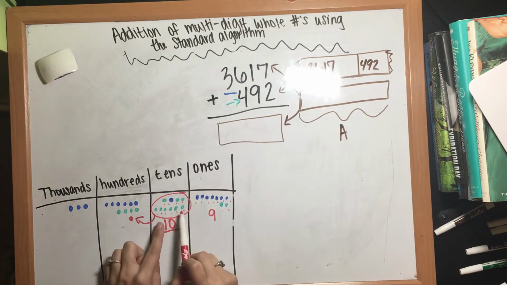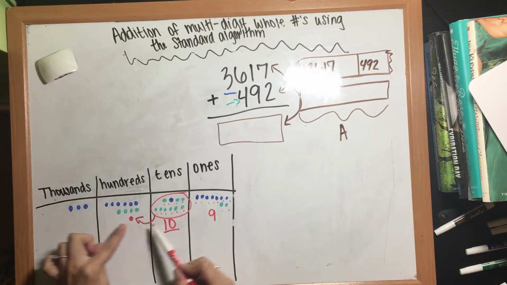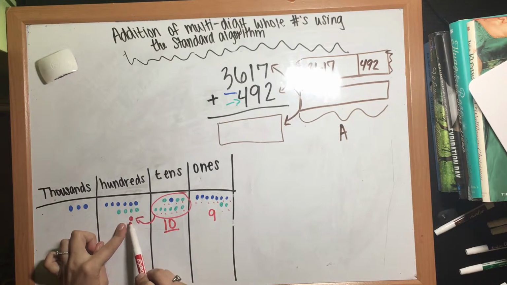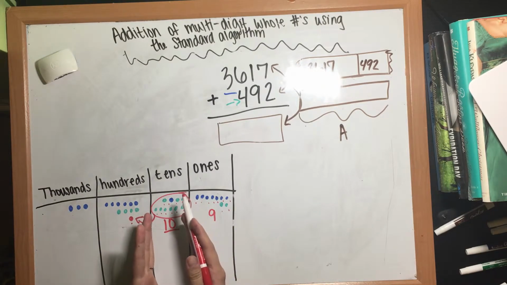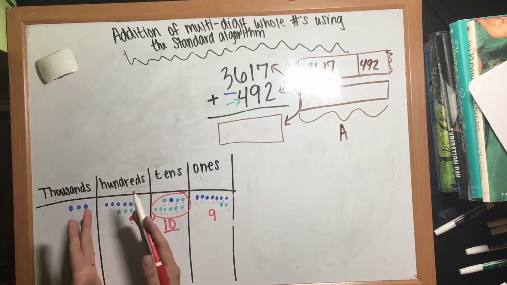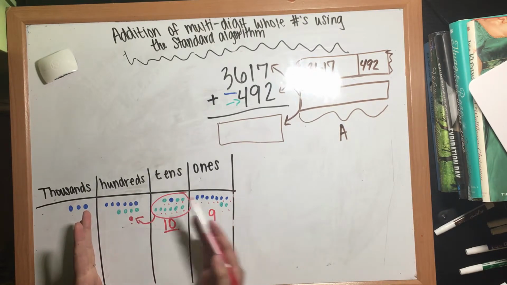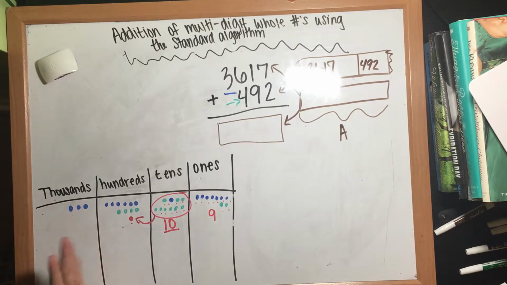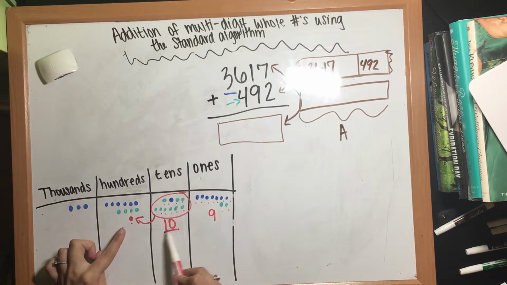So we need to move these over to the hundreds place, but of course when you move 10 over here, it becomes 1 because 10 in the tens place is the same as 1 in the hundreds place. 10 tens is the same as 100. Make sure that they understand why they are moving these. So this is incorrect.